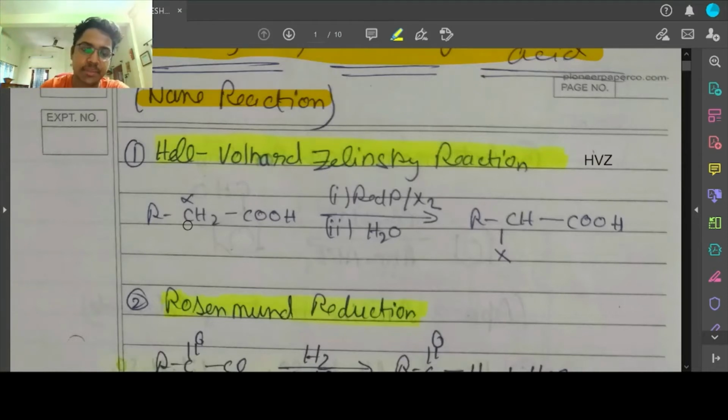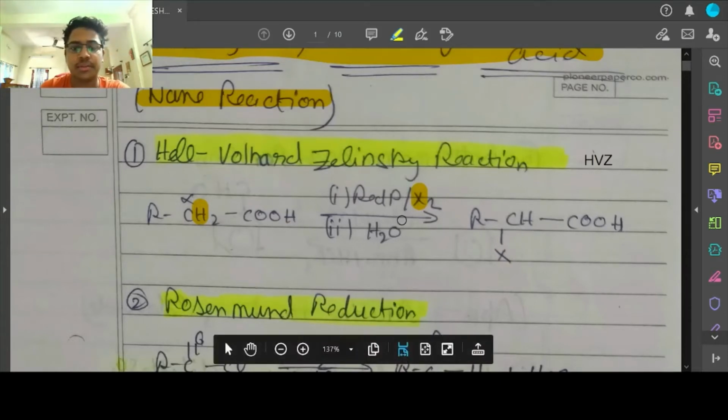In this reaction, one alpha hydrogen is replaced by one halogen.